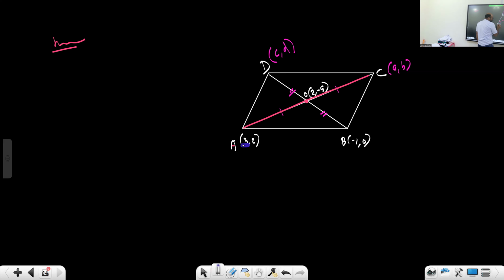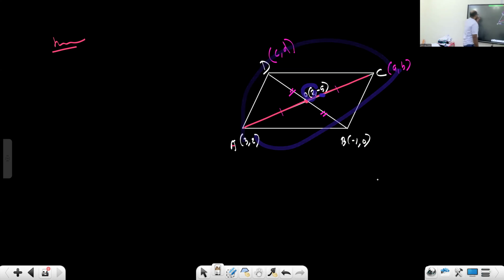A. This plus this by 2 equal to the first value. Like that only we find the midpoint: x1 plus x2 by 2 equal to first value, y1 plus y2 by 2 equal to second value. Same way for the other diagonal also.